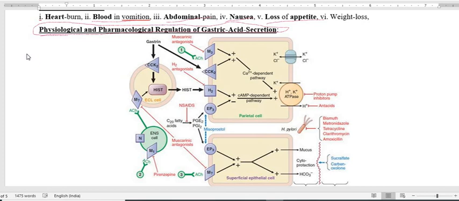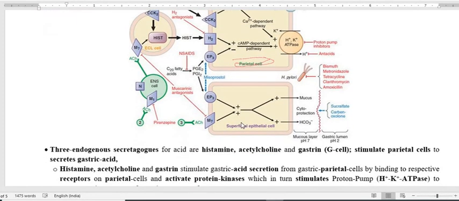As we know, within the stomach there are various cells like the parietal cell, the mucus cell, which is also sometimes called the superficial epithelial cell, then the enterochromaffin-like cell, then the G cell, then the D cell.